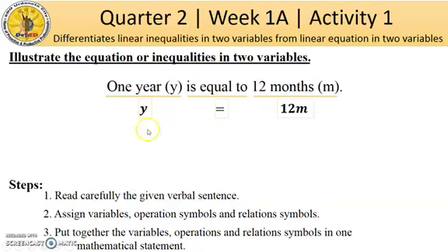So this will be put into one mathematical statement. Now, this is the answer. 1 year is equal to 12 months. In mathematical statement, we have y is equal to 12m. Or, we can also read this as y is equal to 12 times m.